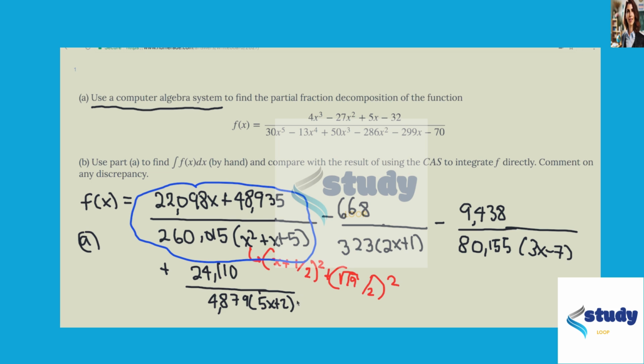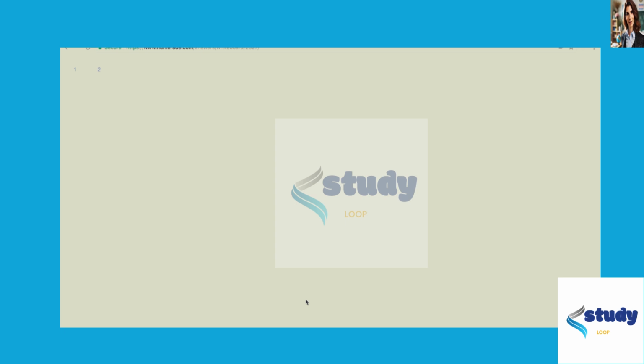So here, let me take this first fraction and then just go ahead and write this. What I'll do here is, I see that I have an x plus 1/2 on the bottom. So I'll rewrite this x as x plus 1/2, but by doing so, I'll have to subtract.